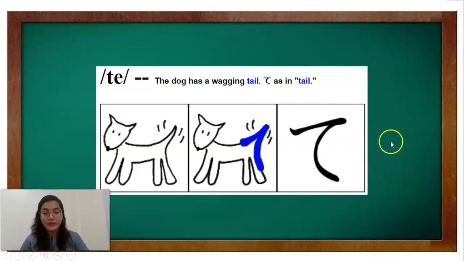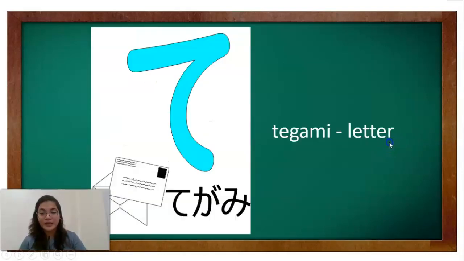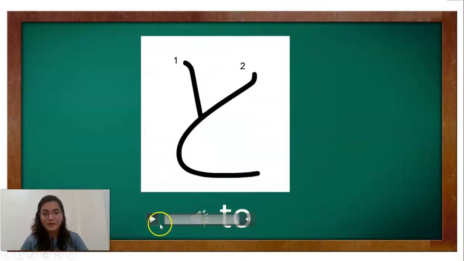Okay, here's an example word that starts with te. Tegami. Tegami means letter.